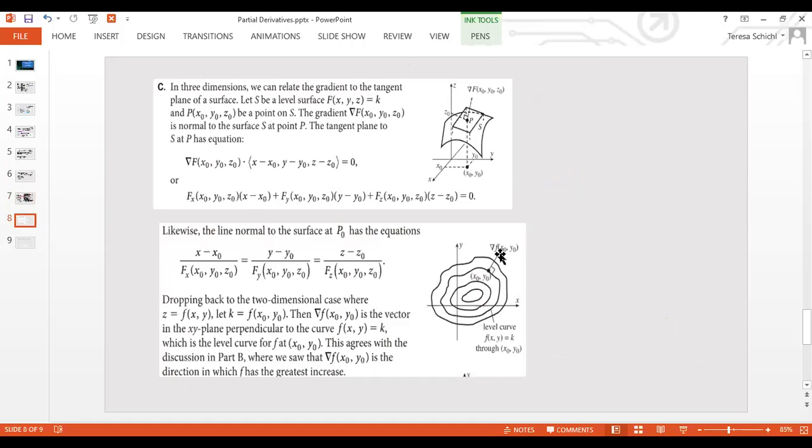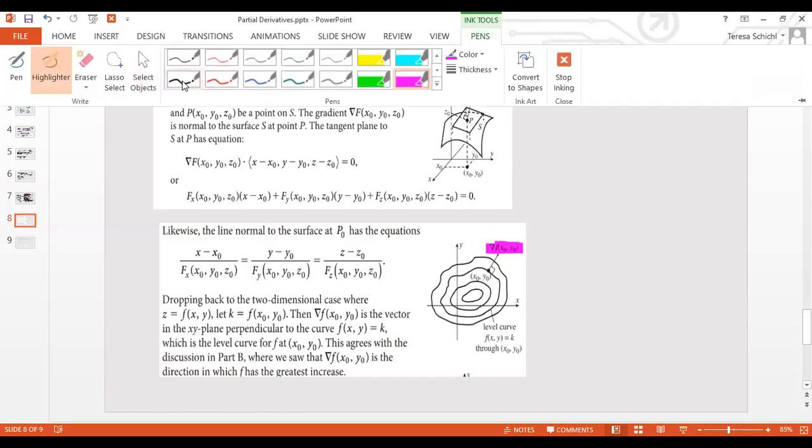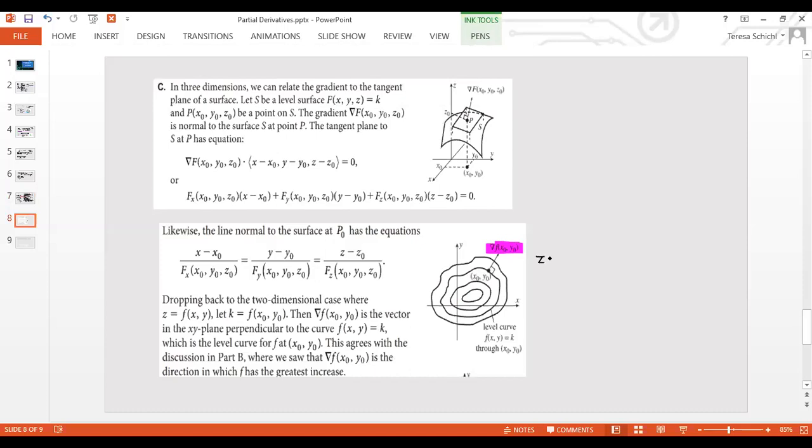Now if you go back to here, that is what the whole thing tries to tell you. In R3, z equals f of x, y, so I drop to R2 to the level curve. That's why your gradient vector is going to be perpendicular to the level curves.